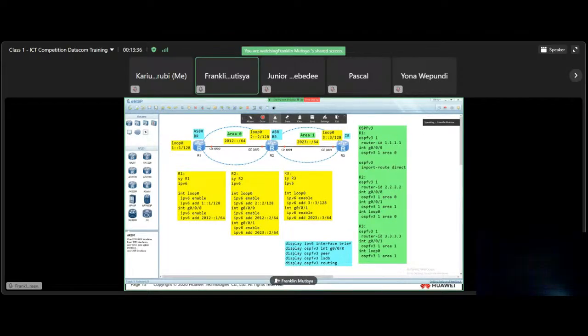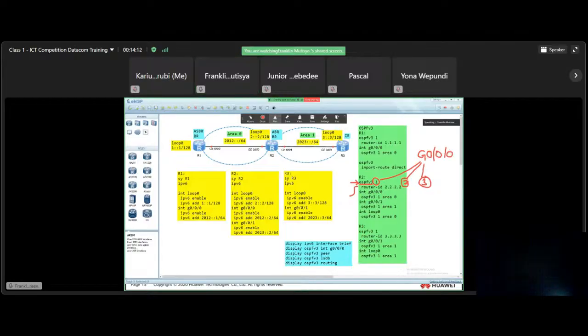For example, when you're configuring OSPF version 3, you start with the command OSPF version 3. The instance ID is this value here. You can create one instance, and set up another instance, number 2, and then bind them. You can have 3 instances, and bind them to the same physical port, for example gigabit 0/0/0 of a router.